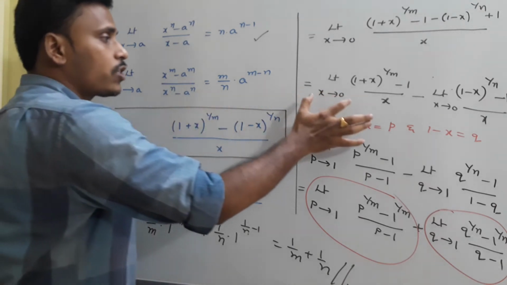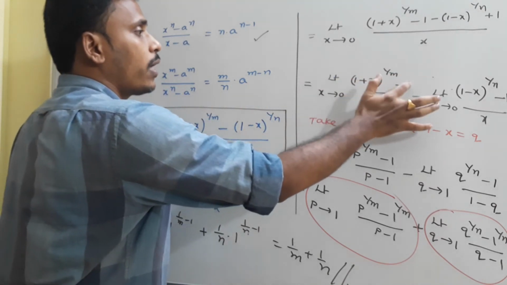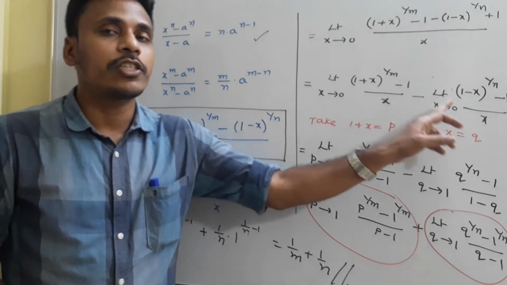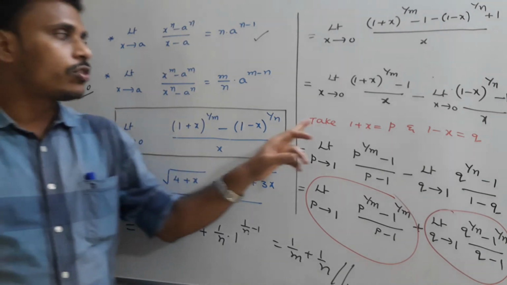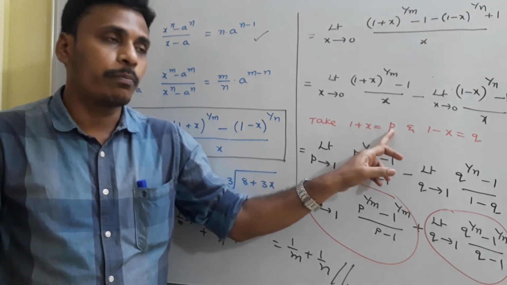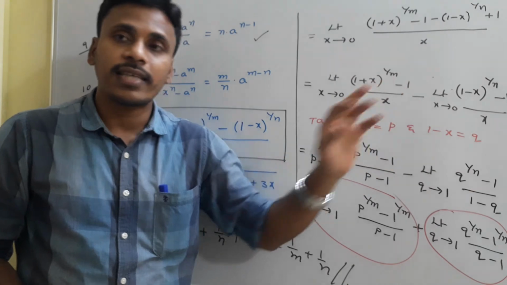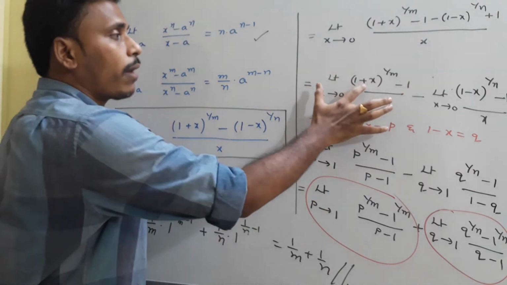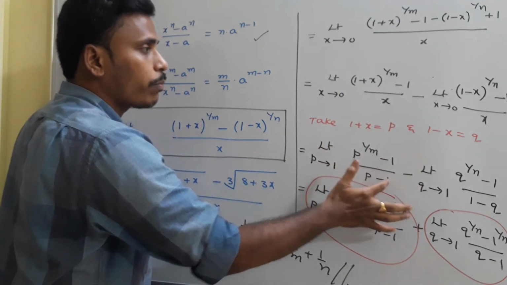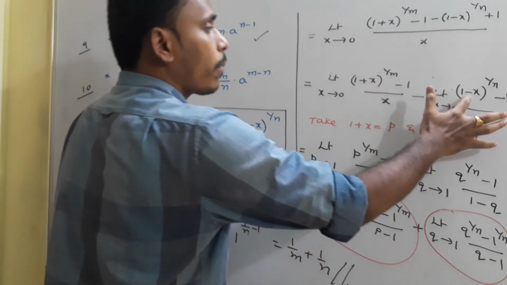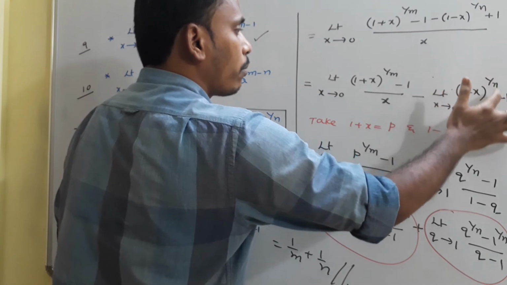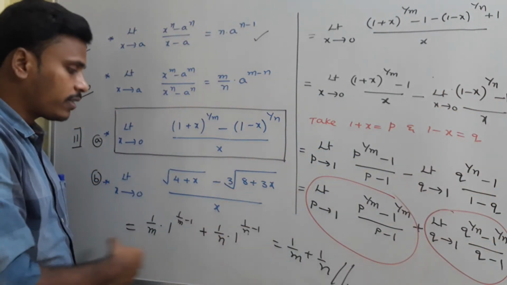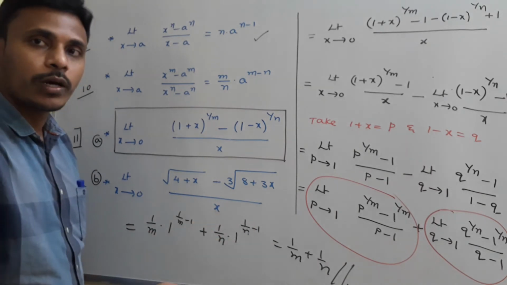Limit x tends to 0, 1 plus x power 1 by m minus 1 by x on the first part, and the second part similarly. Now to convert these two limits into the required pattern, you take 1 plus x as some p and 1 minus x as q. Since 1 plus x is p, it becomes p power 1 by m minus 1 by p minus 1, and since 1 minus x is q, q power 1 by n minus 1 by 1 minus q. And on simplification, our answer is 1 by m plus 1 by n.